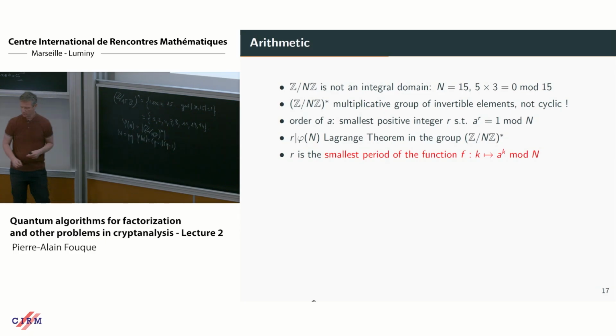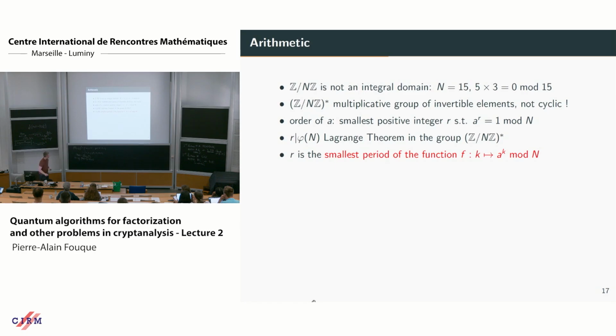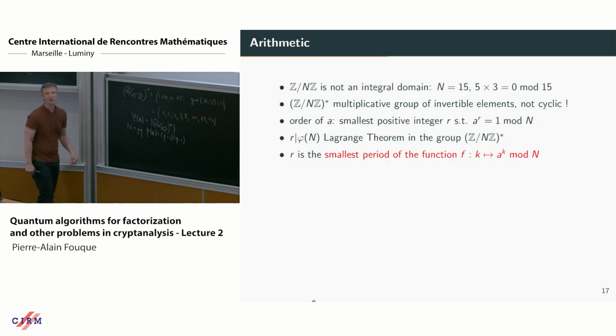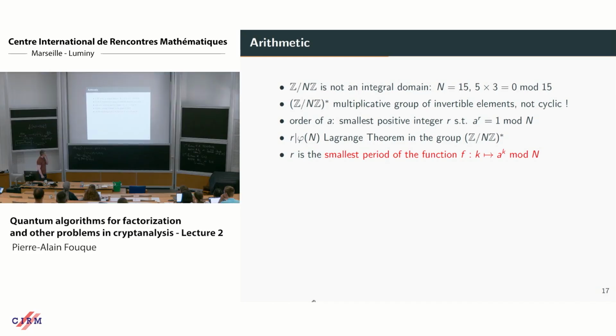You can check that the formula is correct because with p equal to 3 and q equal to 5, we have 2 and 4, so the number of elements is 8. We have exactly what Euler predicted.